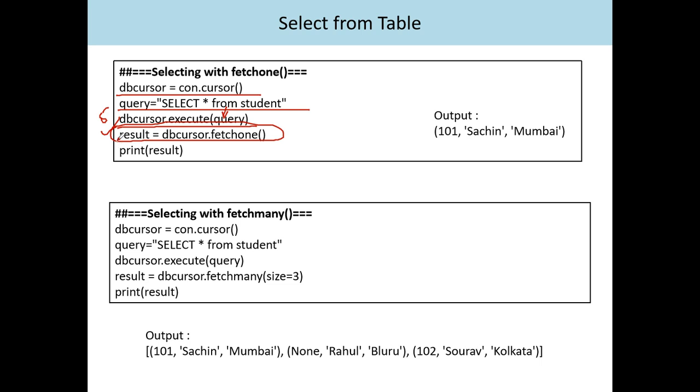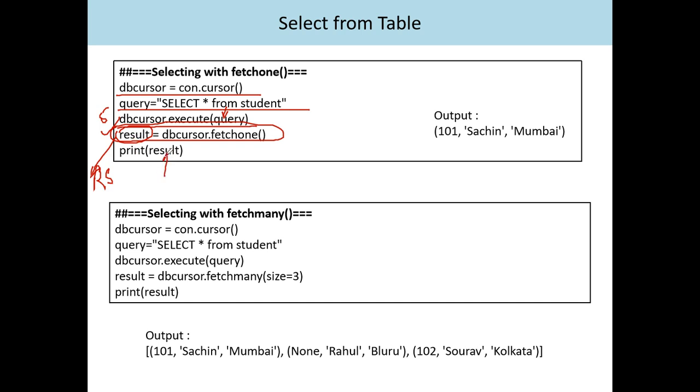Once you get the result in this variable, this is your result set. It contains all the records from the database. Now, if you want to perform some printing operations or some other operations, searching operation, you can easily do that over this result set.